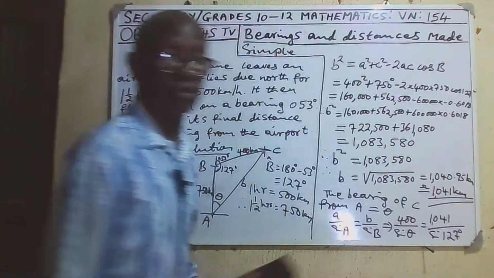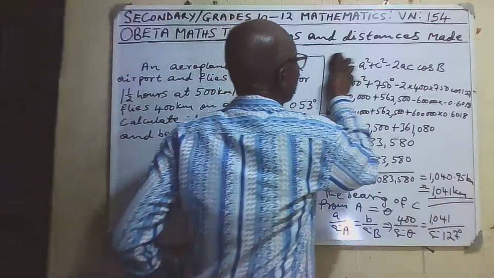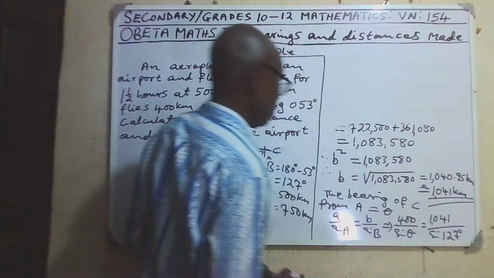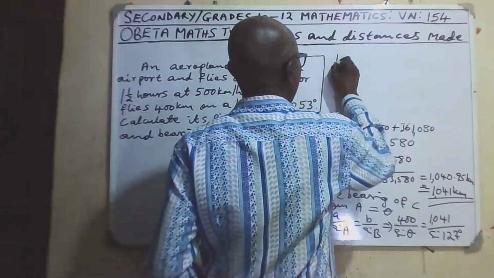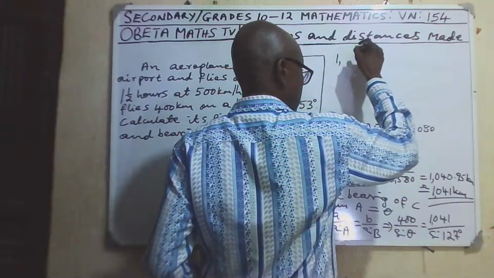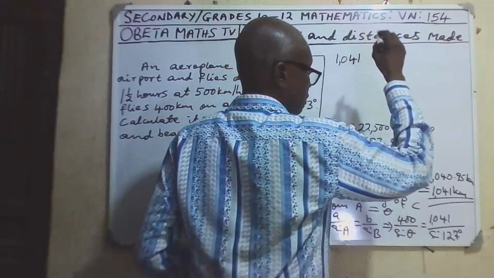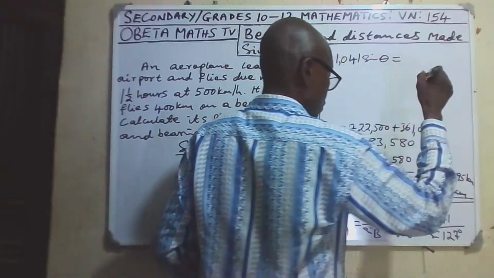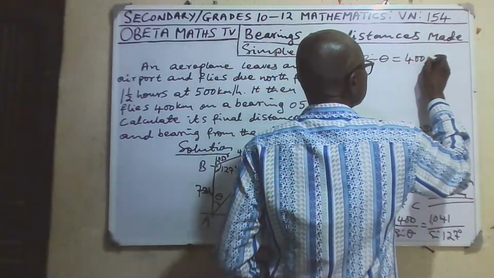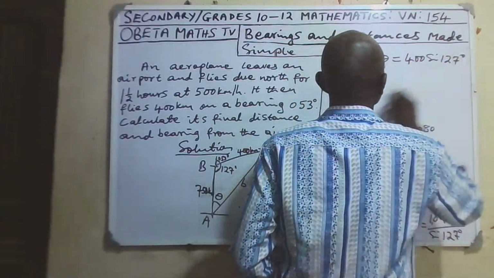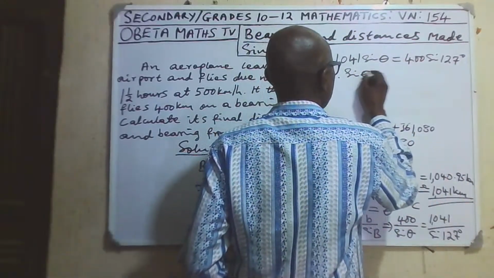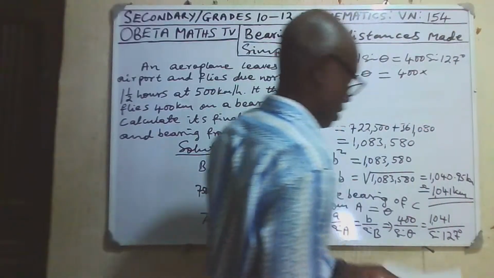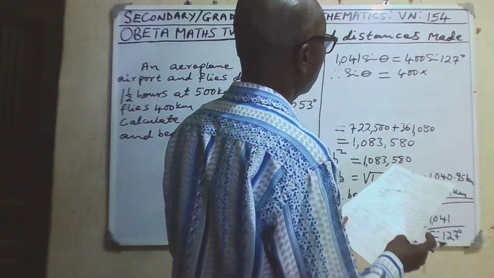So now coming up, here we have 1041 sine theta is equal to 400 sine 127 degrees.